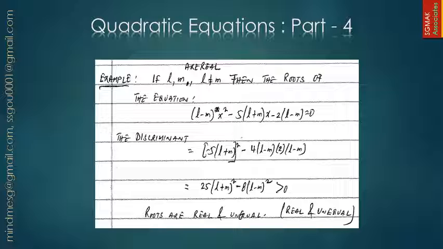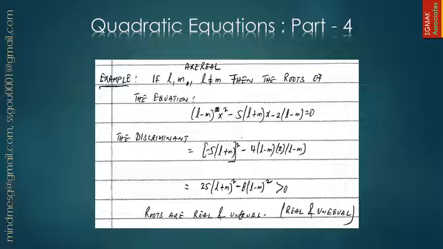So discriminant is b squared minus 4ac, and what we get is an expression that is greater than 0.